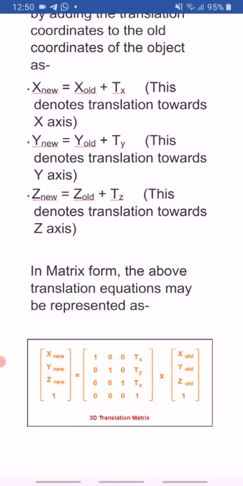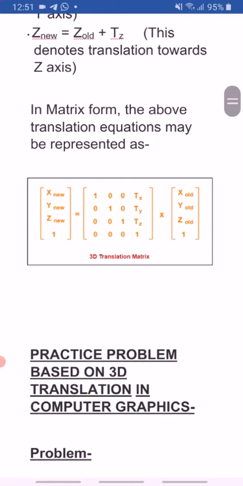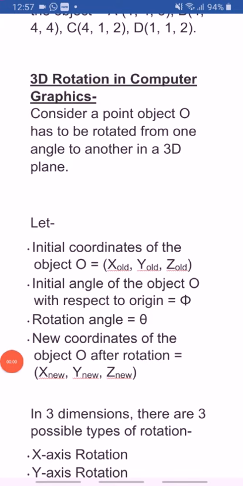Then we can get z new by adding z old plus tz. And this is the representation of 3D translation in matrix form.